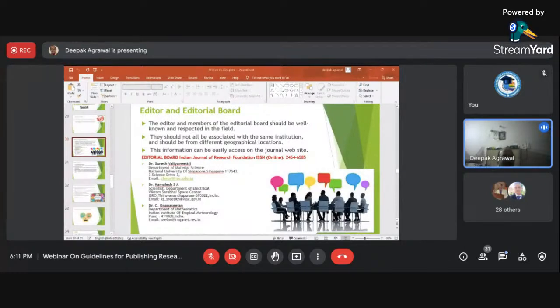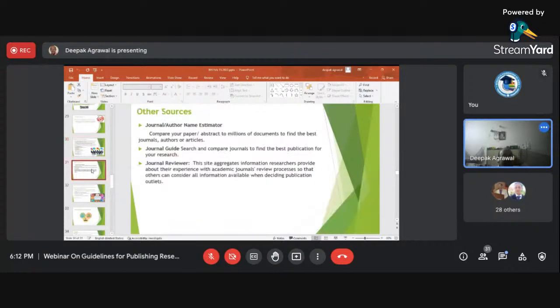This is an example: for the Indian Journal of Research Foundation, these are only 3 names I have included. It has a board with a large number of editorial members. Here the person is from the Department of Material Science, Singapore, of international fame; a scientist from Vikram Sarabhai Space Centre; the Department of Mathematics; the Indian Institute of Tropical Meteorology, and so on. So the editorial board is equally important for your work.